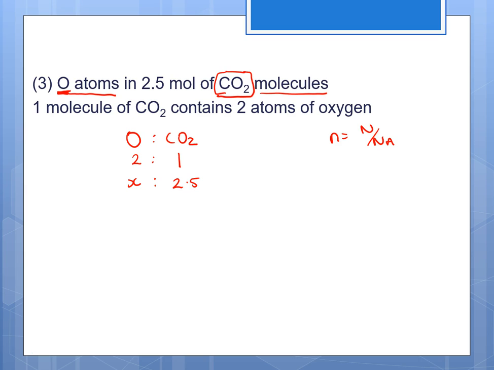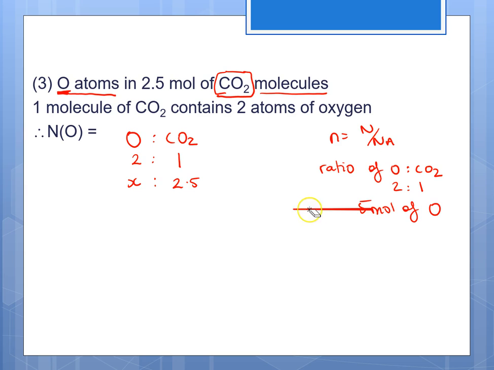At this stage, all I have is a number of mole of CO2. So I want to find the ratio of oxygen to CO2. If you can do that in your head, that's great, but it's a 2:1 ratio, which means that I will get 2 oxygen for every 1 CO2, which means I will have 5 mole of oxygen.